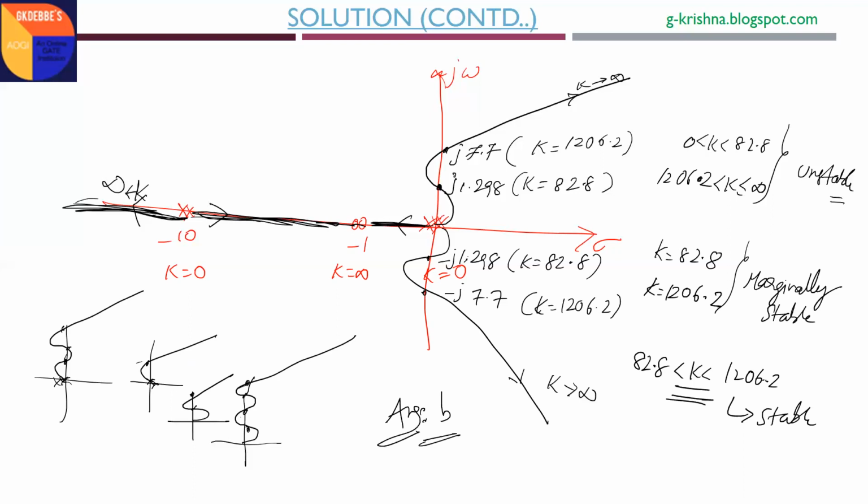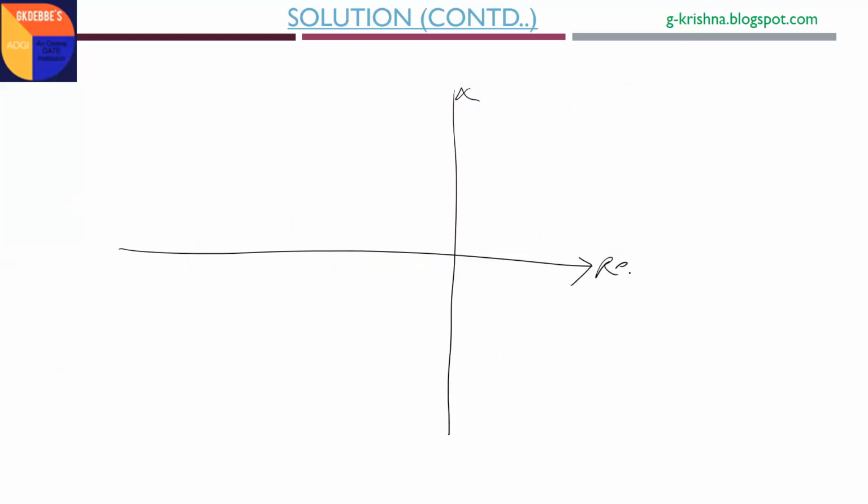The same question you can also analyze with the polar plot using the concept of encirclement. How is the polar plot? At zero frequency, what is the angle? It is minus 270.